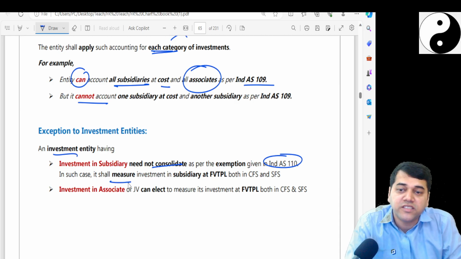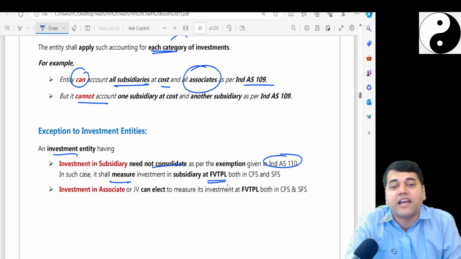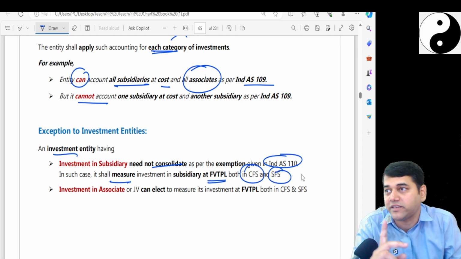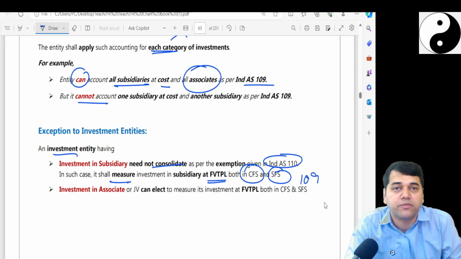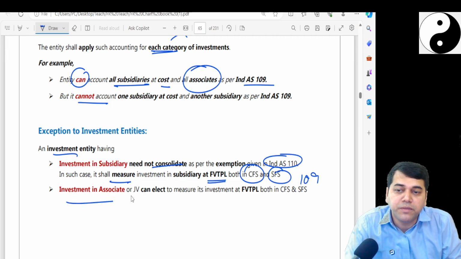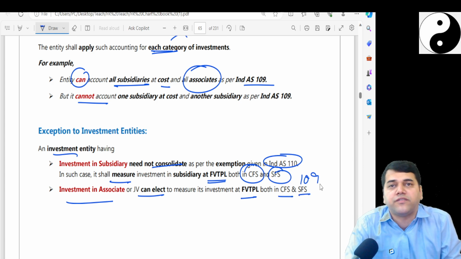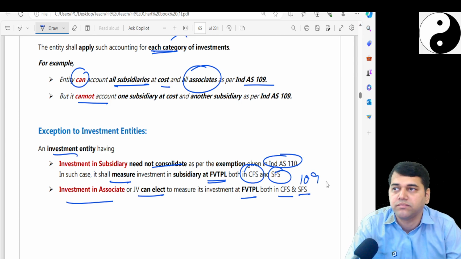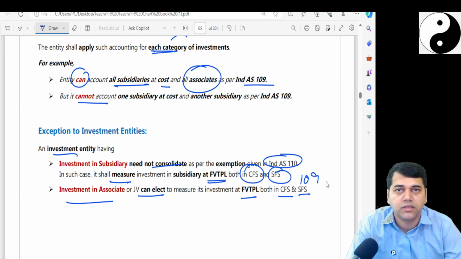In such a case, they shall measure all the investments at FVTPL, both in SFS and CFS. That means no cost exemption. You have to account as per 109, because your objective is fair value only. Investment in associate, you can elect for FVTPL in CFS or SFS, or you can go for the equity method. Done.